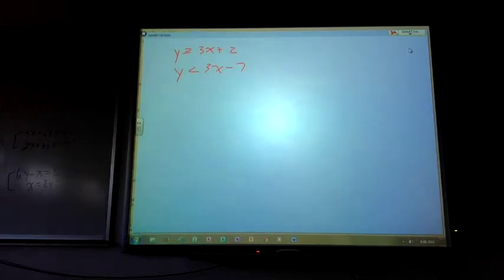Hey, what kind of problem is this other than inequality? What kind of way should we solve it? Graphing. I like it. This is a graphing problem.